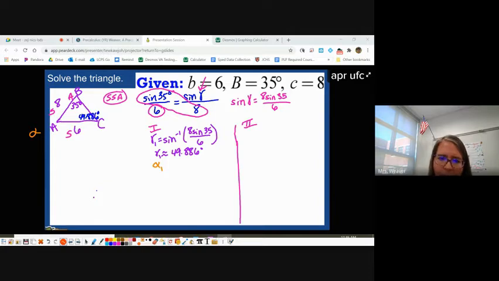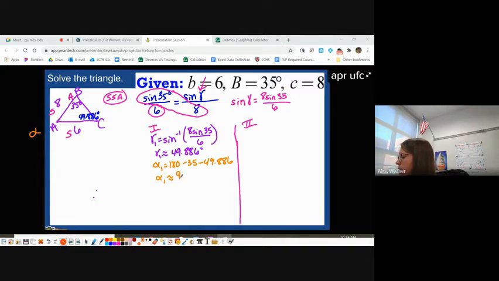So alpha 1 would just be 180 minus the 35 that was given, minus the 49.886 that we just found. And remember, I want to see your work on paper that shows me where you got these numbers. So alpha 1 will be approximately, if we do that in our calculators, 180 minus 35 minus 49.886.